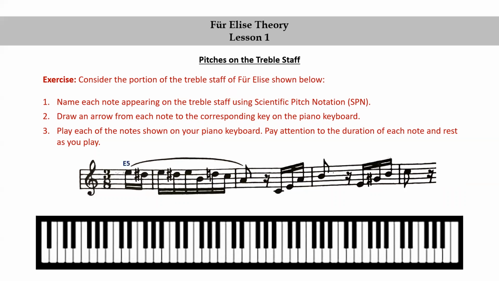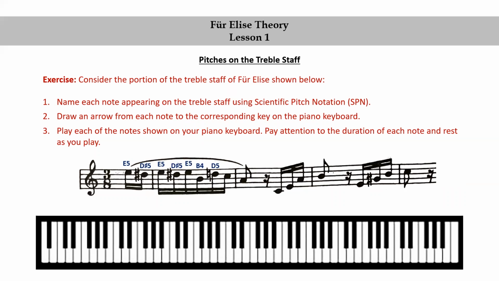Okay, starting from the left, we have E5, D sharp 5, E5, D sharp 5, E5, B4, D5. Notice how the natural symbol changes the note back to its original pitch of D5.